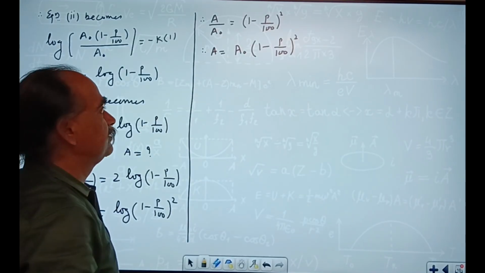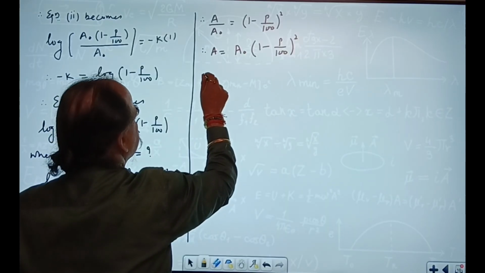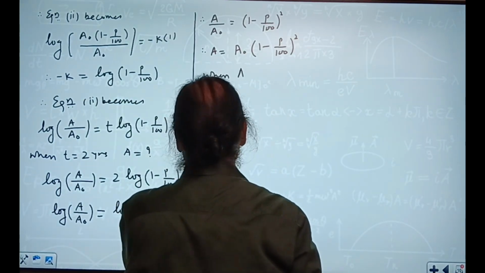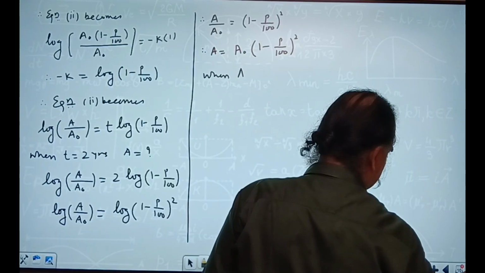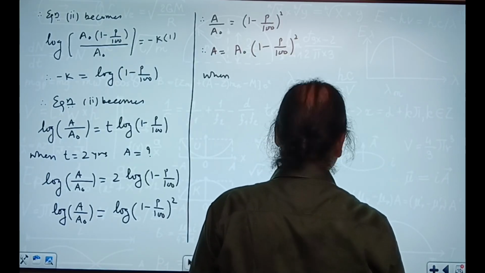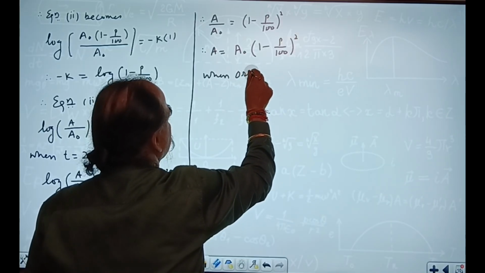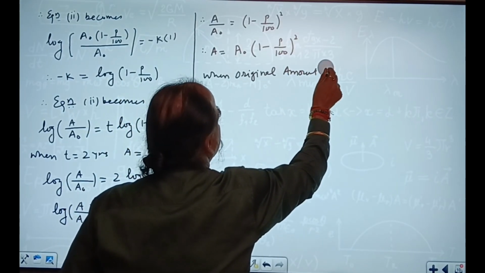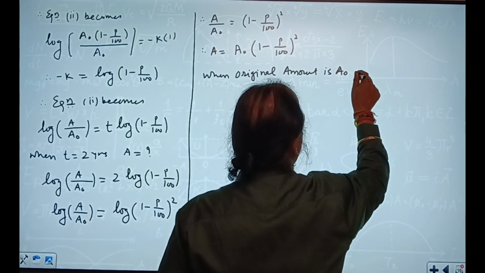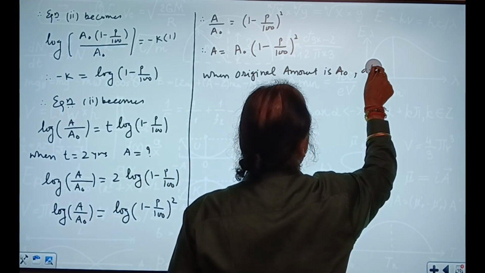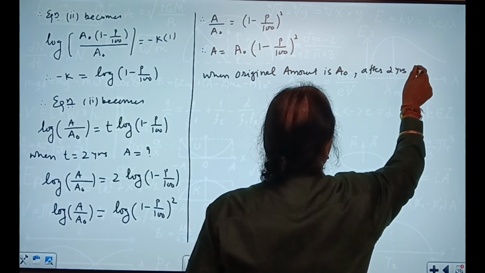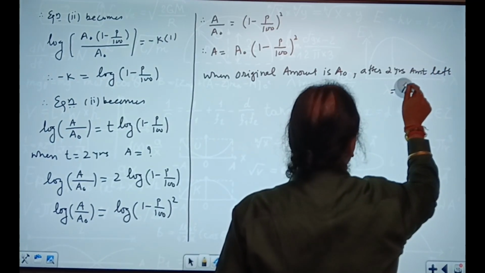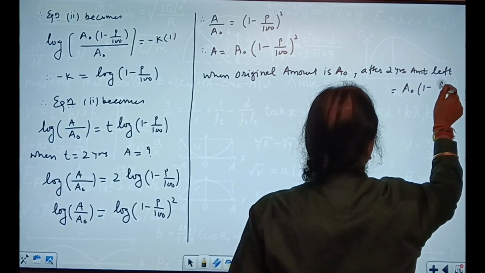Now we have to convert this into percent. When the original amount is A0, after 2 years, the amount left is equal to A0 into 1 minus P by 100 whole square.